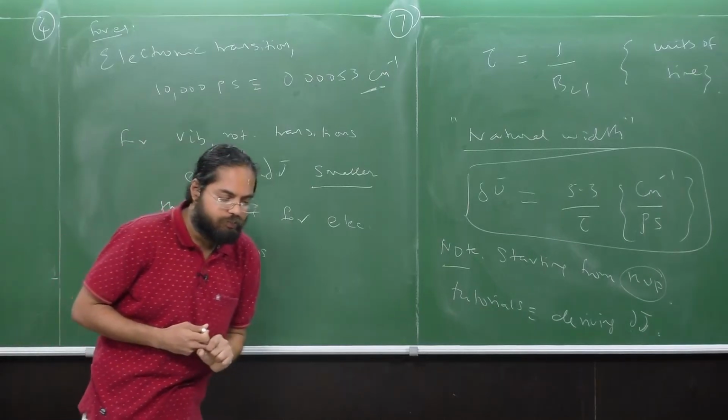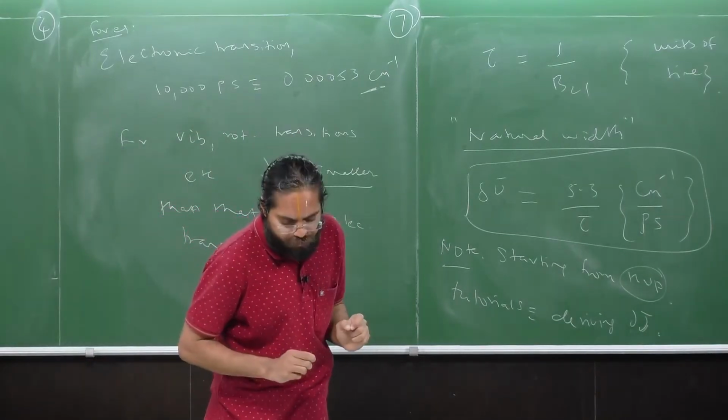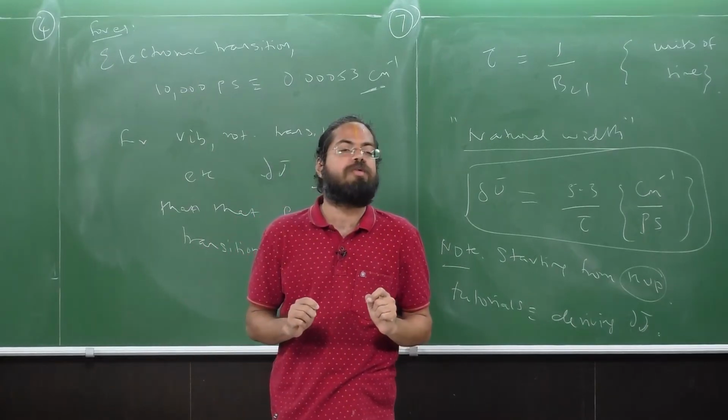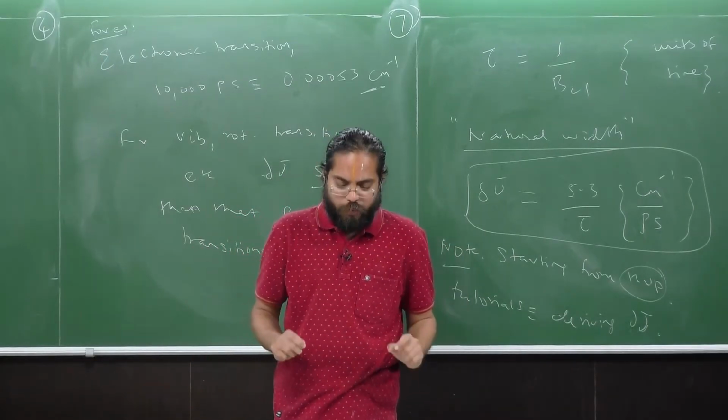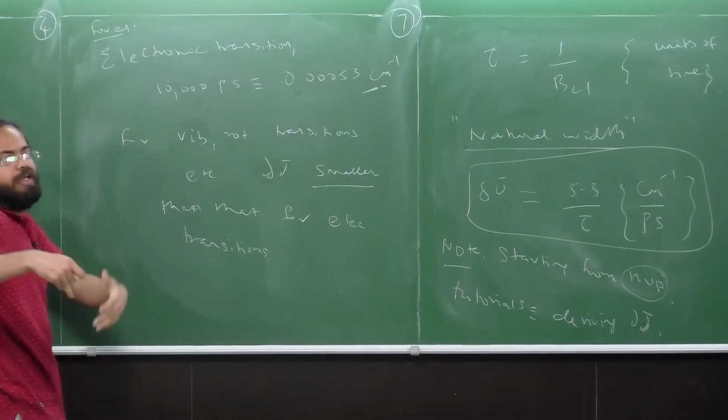So how much smaller? In fact, so small that the most optimally resolved rotational spectrum has a width of delta nu. In fact, I'm just telling this as a fact.